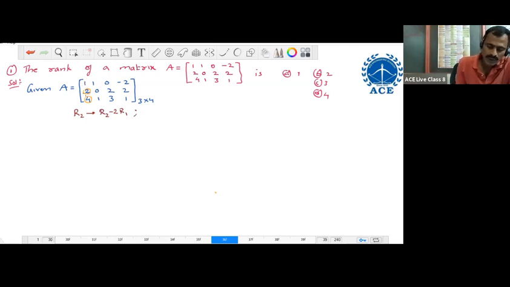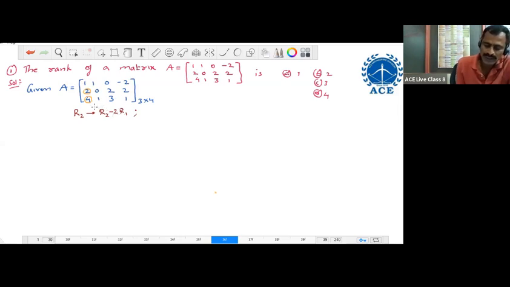To make this 2 as 0, we multiply the first row by 2 and subtract it from the second row.